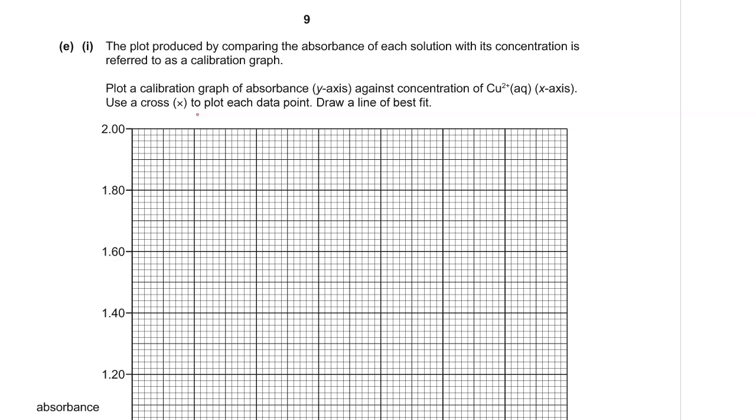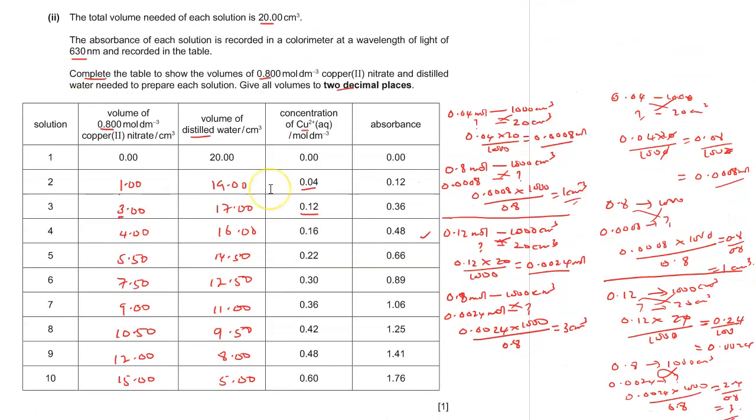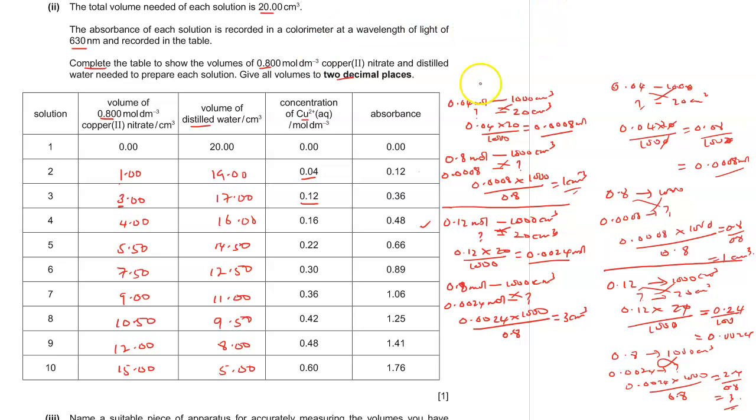Draw line of best fit. So we are going to plot absorbance against the concentration of copper ions. This is the data that you're supposed to be plotting. The absorbance against the concentration. This is going to be on the y-axis, and this is going to be on the x-axis.